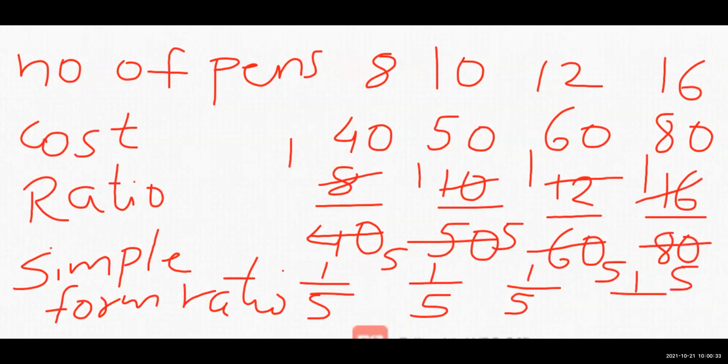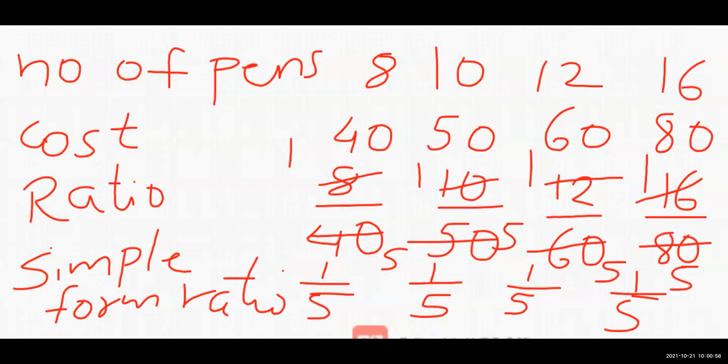Here also I got the same answer, 1/5. From this you have seen that the ratio of the number of pens to their cost remains constant. Constant means the same. Whenever we cut, we get the same answer. Numbers were different, costs were different, but as we find the ratio, it remains constant.